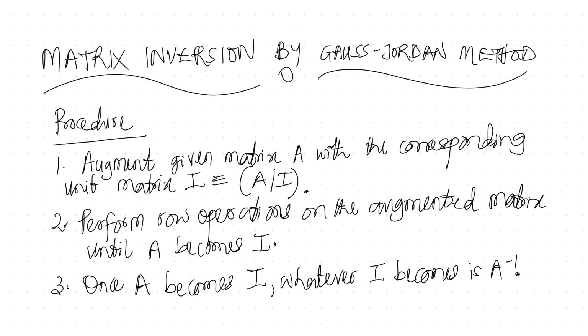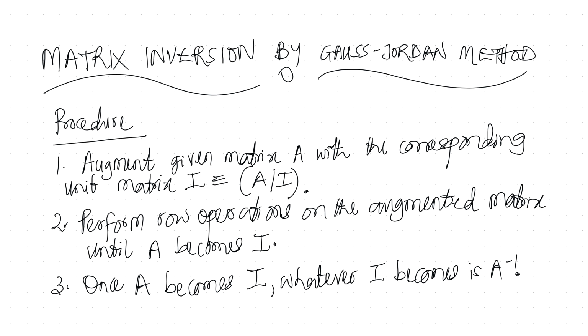So the procedure for matrix inversion by Gauss-Jordan method is simply, first of all, you augment the given matrix A with the corresponding unit matrix I. For instance, if you have a 2 by 2 matrix, you just augment it with a corresponding unit matrix that is also 2 by 2.